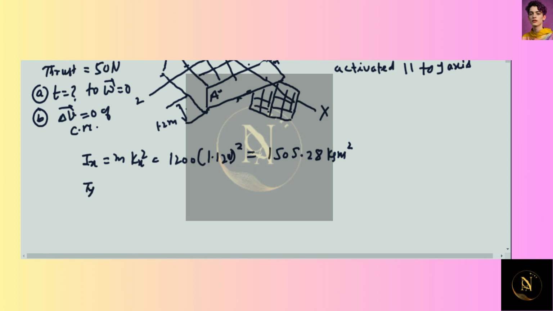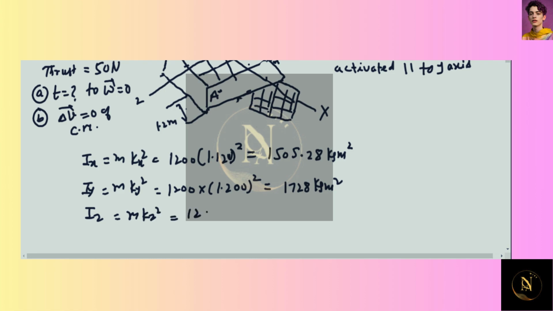Along the y-axis, m ky square is 1200 into 1.2 square, so it will be 1728 kg meter square. Similarly along the z-axis, m kz square, mass is 1200, radius of gyration is 0.9, so it would be 972 kg meter square.